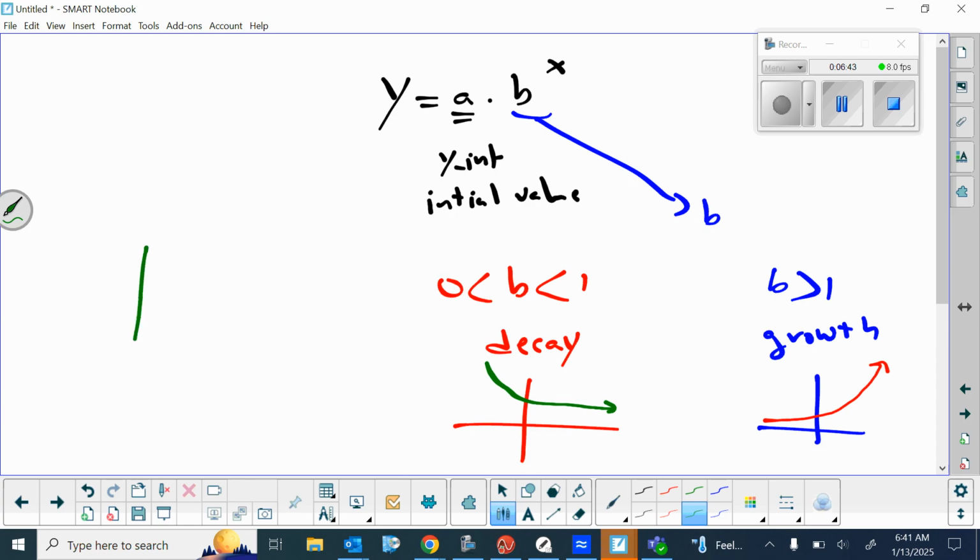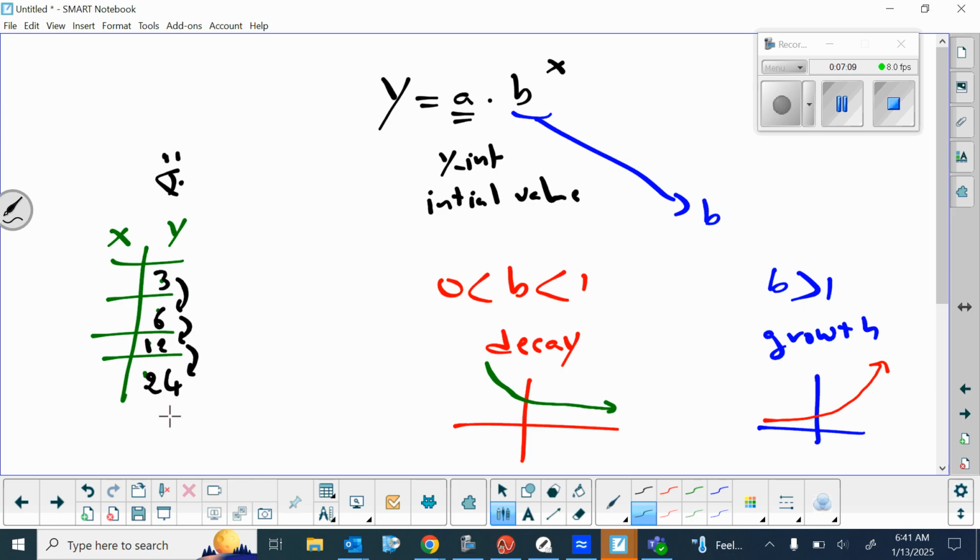Another way to see it is from a table. This is your x and this is your y. If you see that the y value increases, meaning it goes up, for example, if I have a 3, then a 6, then a 12, and then a 24, look how my y values go up. So by looking at the y values, I know the y values are going up, so this is a growth.